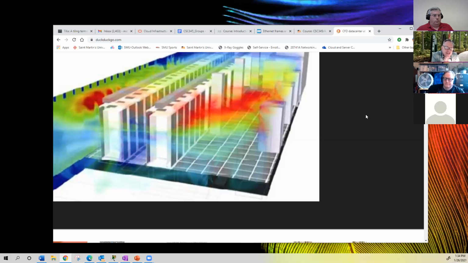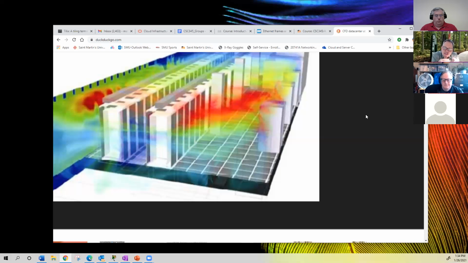So instead of 67-degree air or 72-degree air being blown into the front of those servers to cool them, you have warmer air, maybe 75, 78, 80 degrees. And then as it blows across, it's heated from 80 to say 110 or 115 degrees.